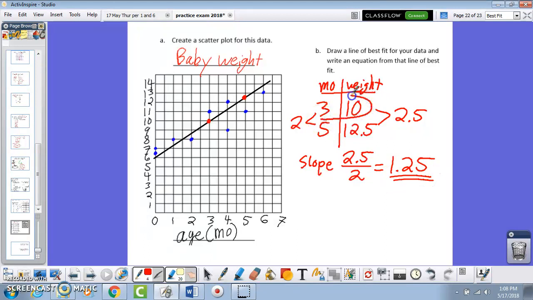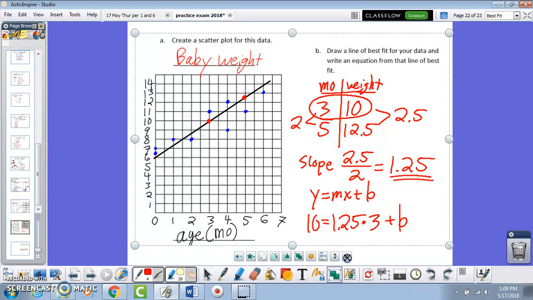Now I'm going to use these points to find my y-intercept. y = mx + b. My y value is 10. My slope is 1.25 times what my x value is, 3, plus whatever b is going to end up being.